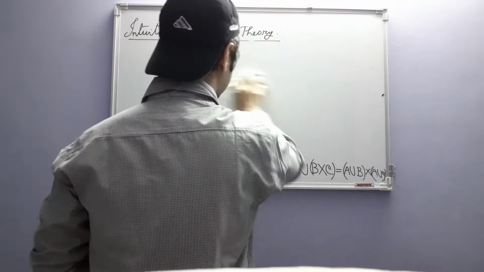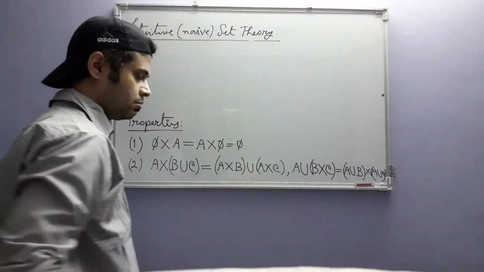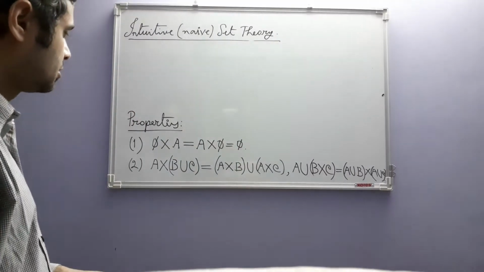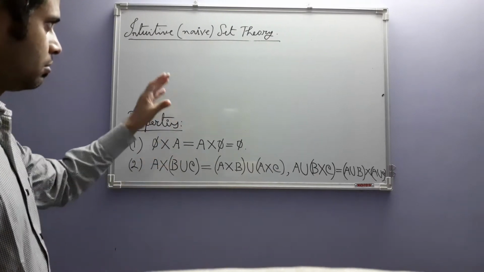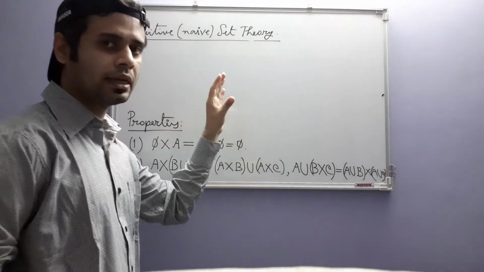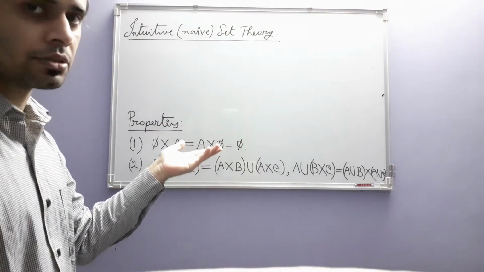We will see that unlike the previous operations, Cartesian products have that unique thing where the elements are ordered pairs, not just any elements.